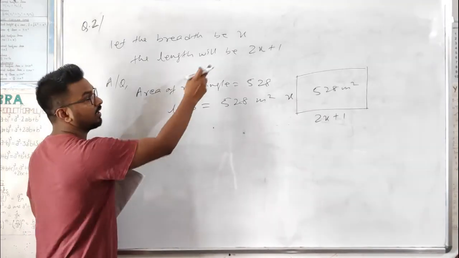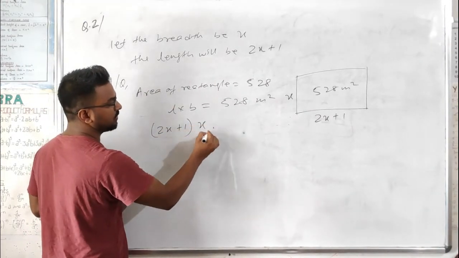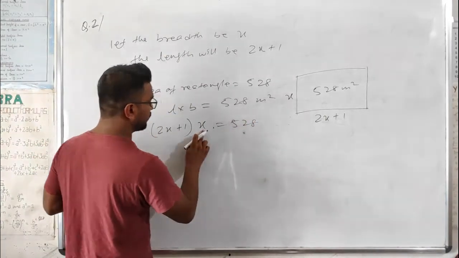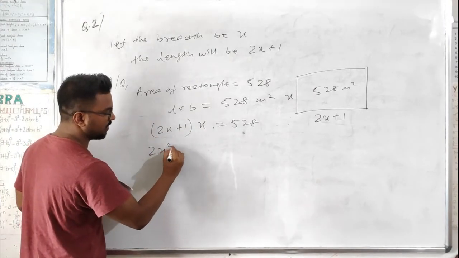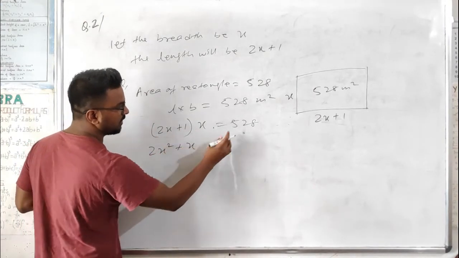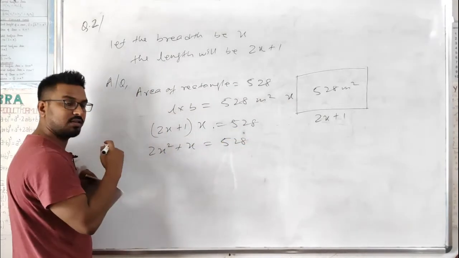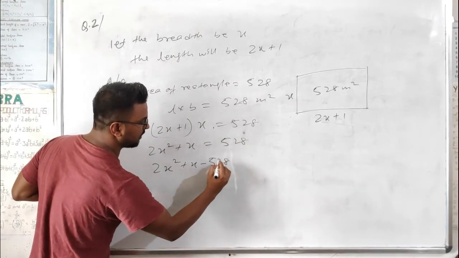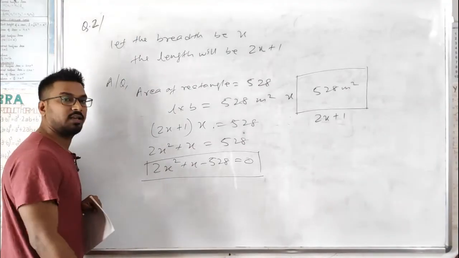Now what is length? Length is twice x plus 1 and breadth is x. So you just multiply with x is equals to 528. So if you multiply with this, how much you will get? X into 2x, it will be 2x square plus x into 1 is x and equals to 528. So if you bring it to the other side, you will get 2x square plus x minus 528 equals to 0. This is the quadratic equation.